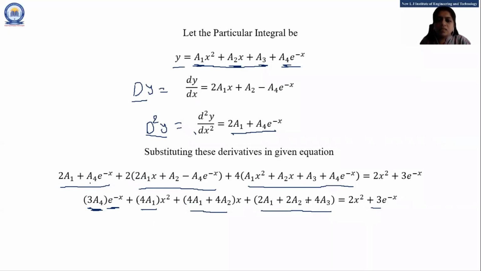Then I just separate all the terms likewise and dislikewise. For likewise terms, I put all e raised to minus x, then the multiple of x square, multiple of x, and constant term separately. Okay, got it. So, any doubts, students?